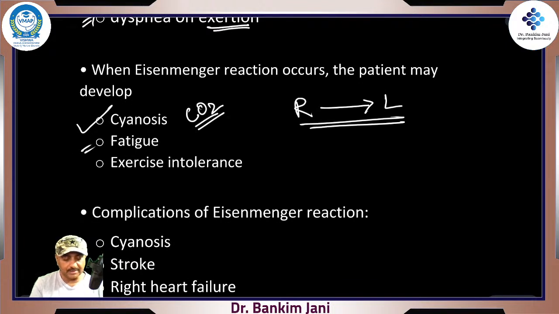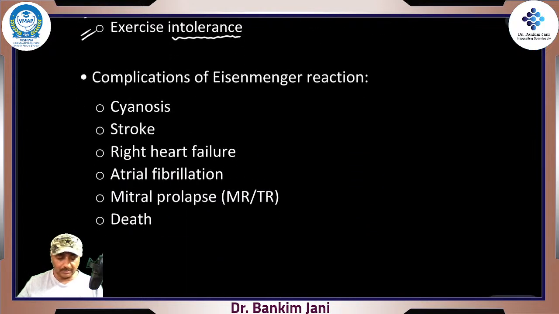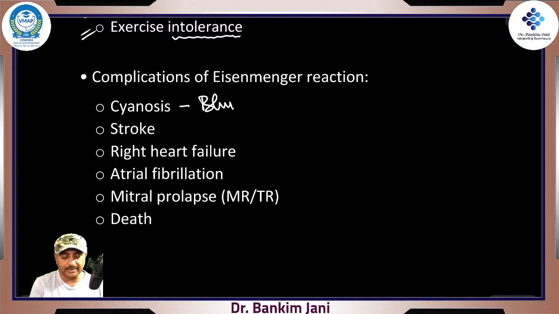Fatigue increases and there is exercise intolerance. The same way, dyspnea on exertion, but over here it is total intolerance. Person just can't do exercise, right? And what would be the complications? Cyanosis, bluish discoloration, right?